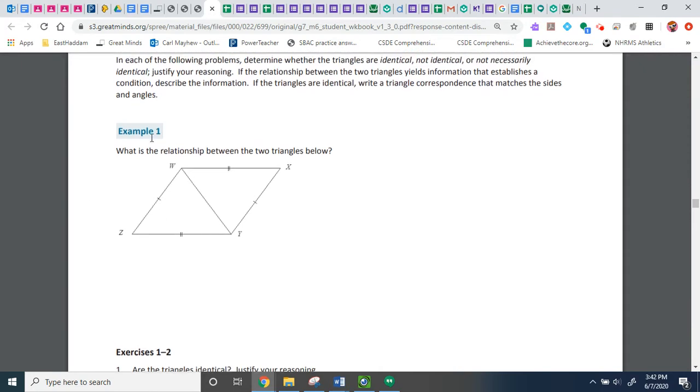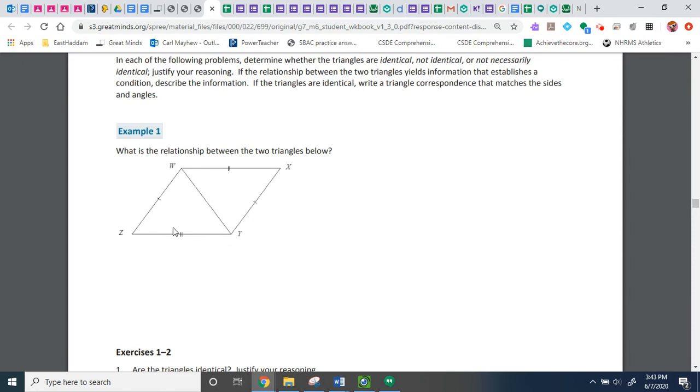If we look at these two triangles, we have triangle ZWY and XYW. Are these two triangles congruent? These two triangles share a side, WY, down the middle. Since they share that side, it means that that side is the same for both triangles as well.